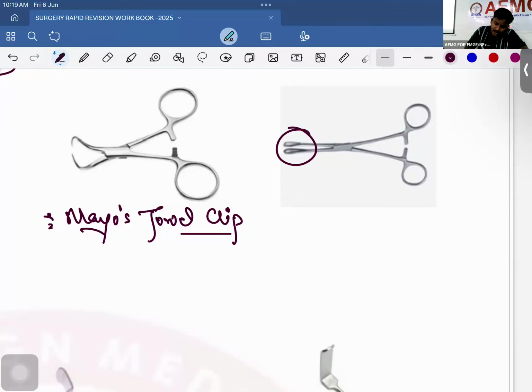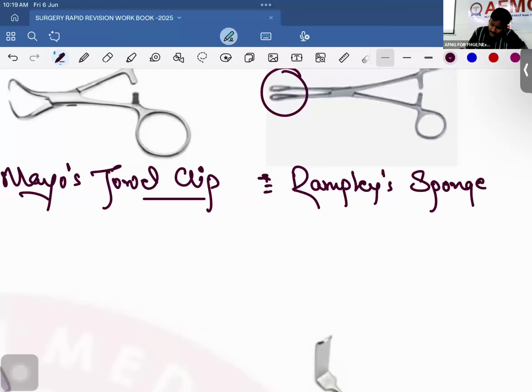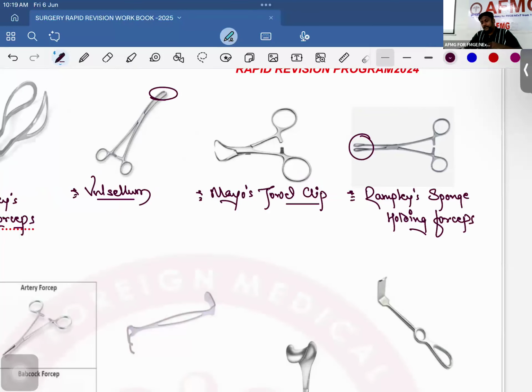This forceps has triangular blades with fenestrations. It is classically known as the Rampley's sponge holding forceps. Whenever you have to clean the surgical site, beta, we clean it with the help of this Rampley's sponge holding forceps. We hold the gauze pieces inside it and then clean the surgical site, beta.